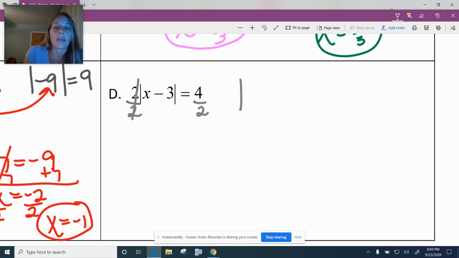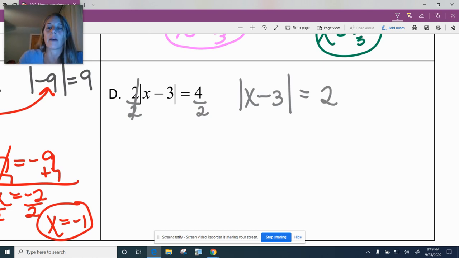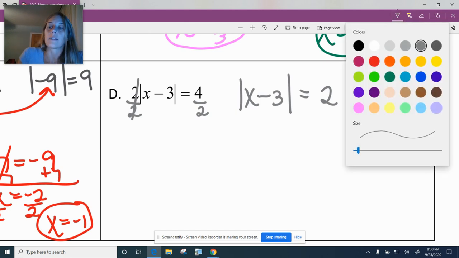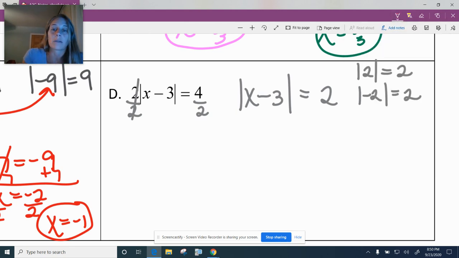So now we have the absolute value of x minus 3 equals 2. So that's kind of like our new problem now. Now, of course, this means that the absolute value of 2 can equal 2, but the absolute value of -2 also equals 2. So we're going to set this up with the two different options.